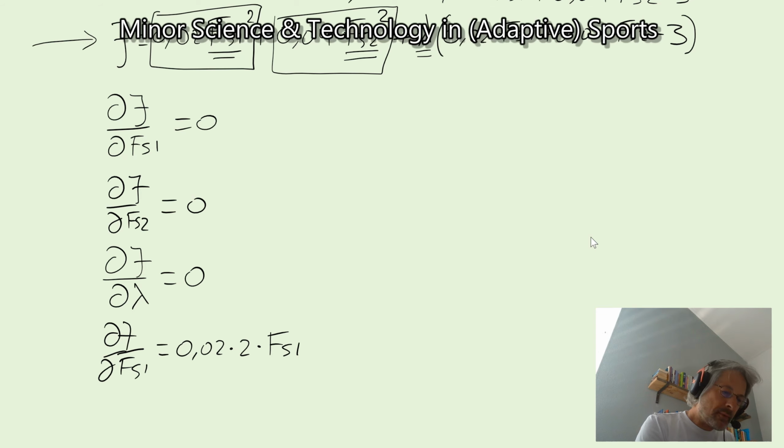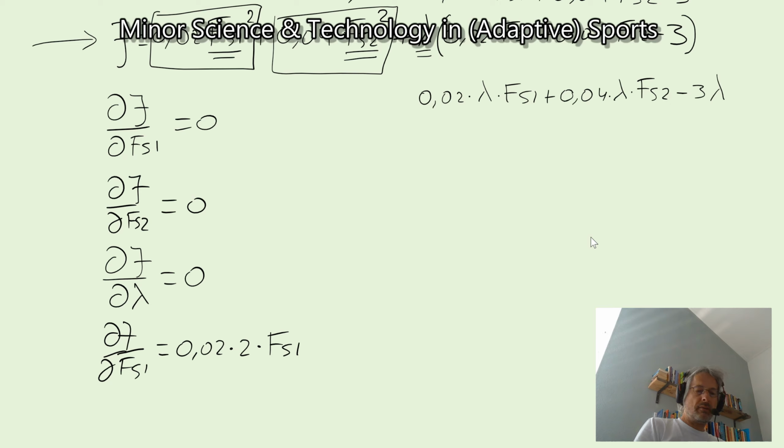Then we have here 0.02 times lambda times Fs1. And we have 0.04 times lambda times Fs2. And we have minus 3 lambda.